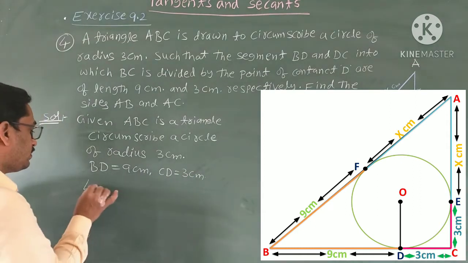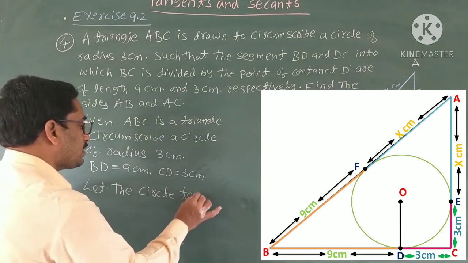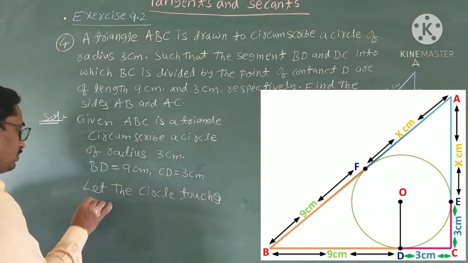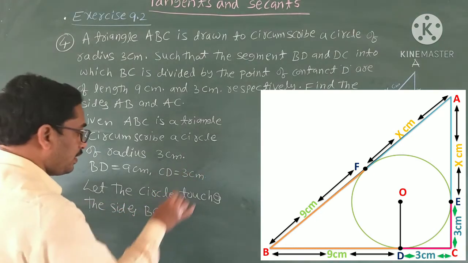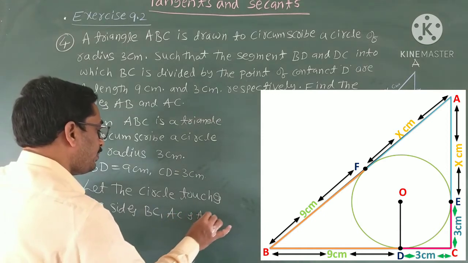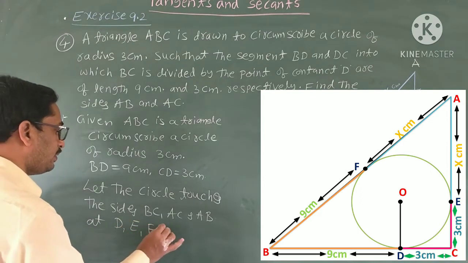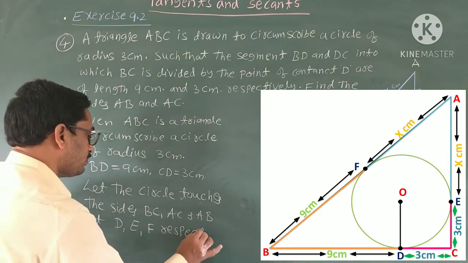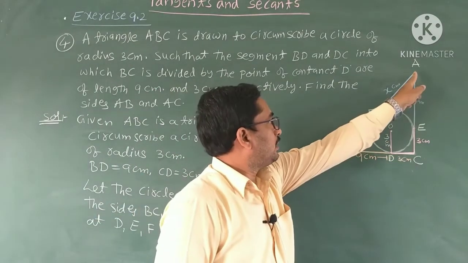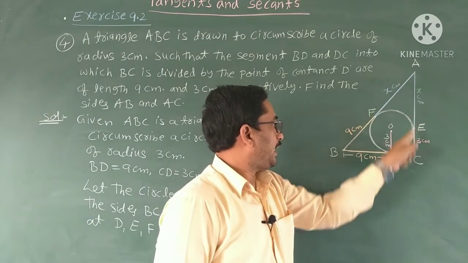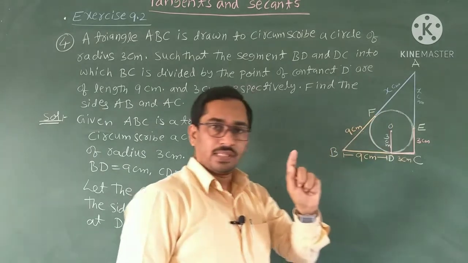Let the circle touch the sides BC, AC and AB at D, E and F respectively.